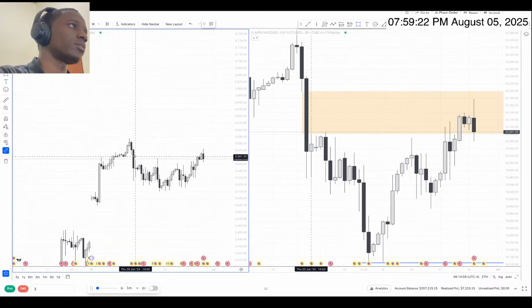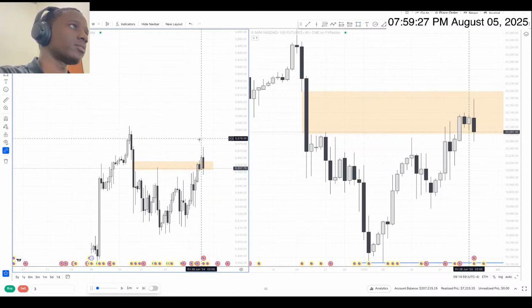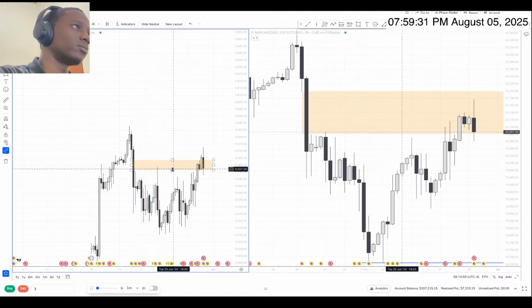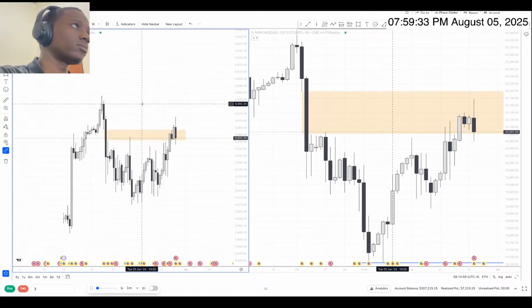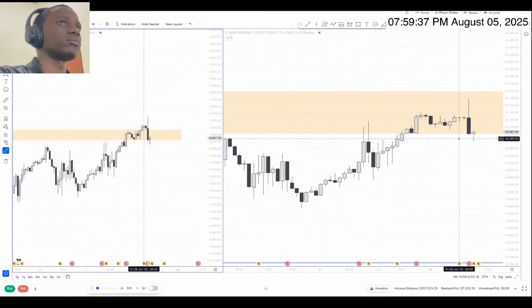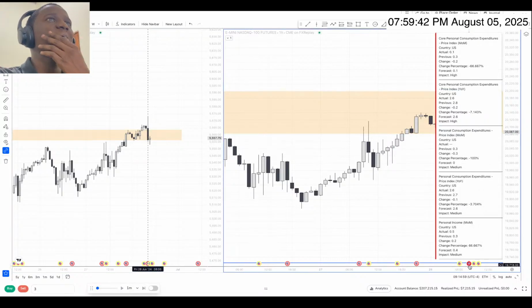And here on ES we also have this gap like this. And we've created just this gap at 8 for these news.